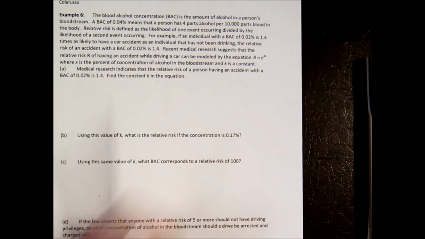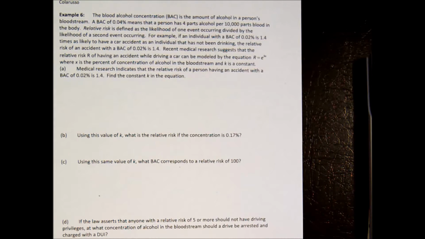It is very simple. For example, if an individual with a BAC of 0.02% is 1.4 times as likely to have a car accident as an individual that has not been drinking, the relative risk of an accident with a BAC of 0.02% is 1.4. So those two numbers go together.